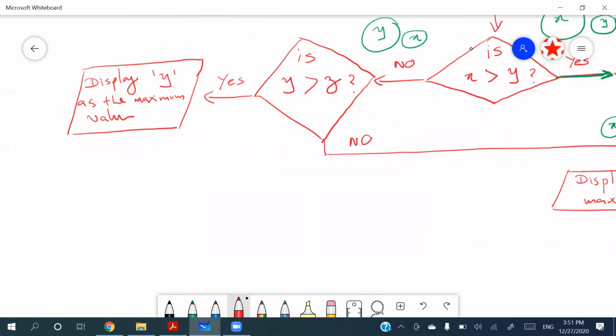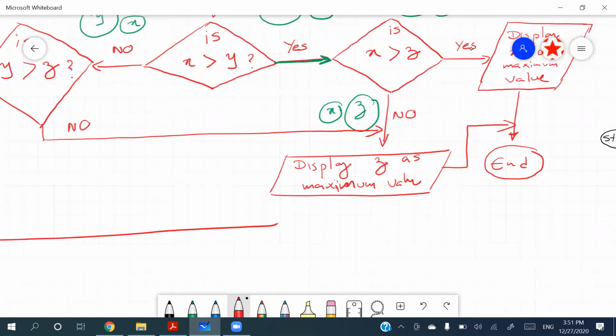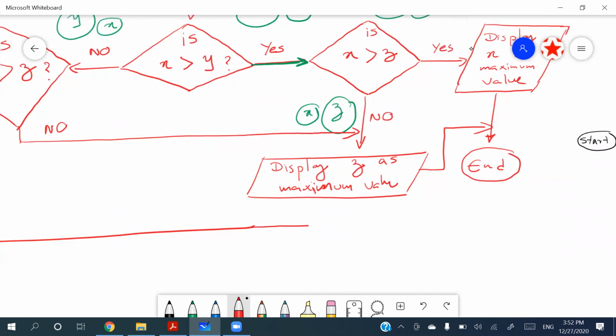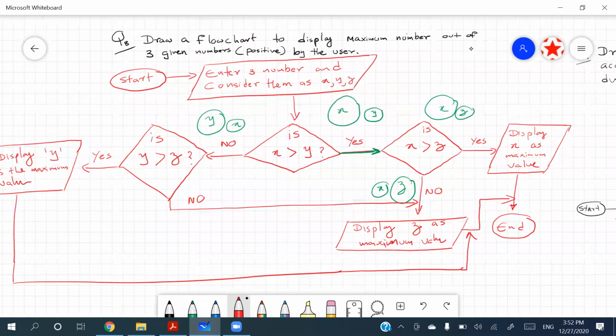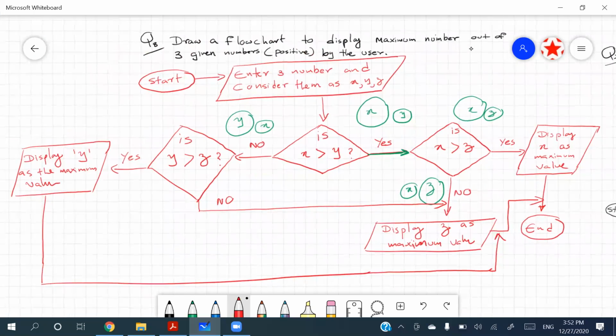If you move here, you need to end, so your end is going to be something like this. I can simply flow this to this particular flow. So the answer for the eighth one is going to be something like this.